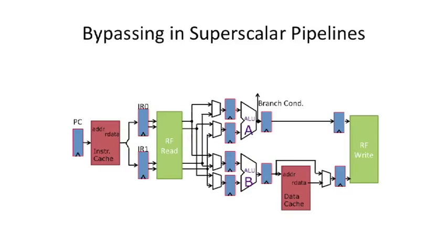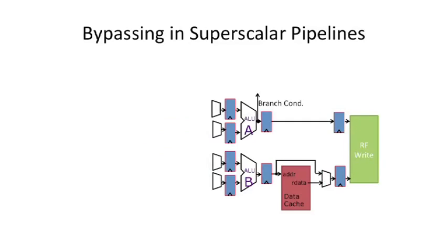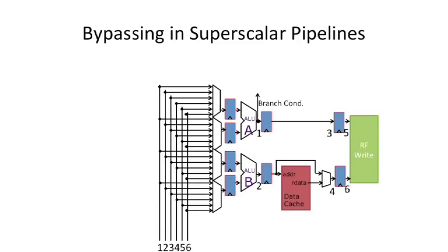Instead of when we had one pipeline, where we could bypass data out of here, here, and there, so there's only 3 places, now that we have 2 pipelines, you've effectively multiplied the places that you can bypass out of, and now you can have 6 places. So if you pull the steering logic off, and then make your multiplexers bigger here, which are doing your bypassing, you end up with 6 different locations that you have to choose between for each input operand.